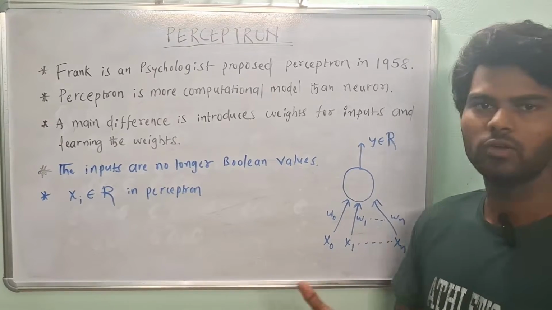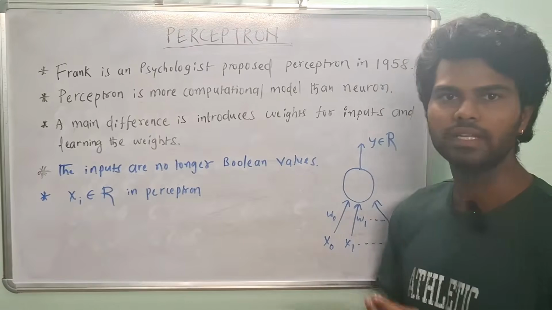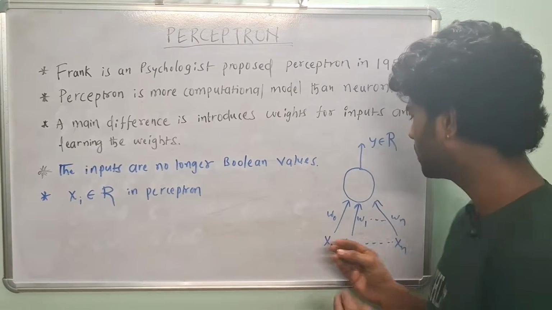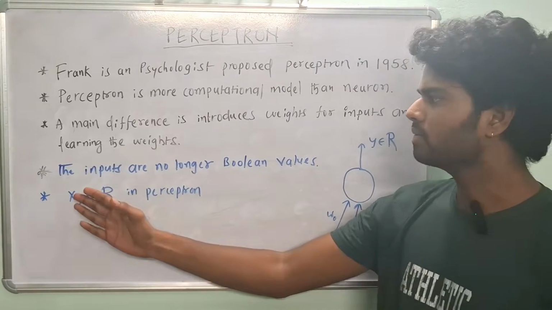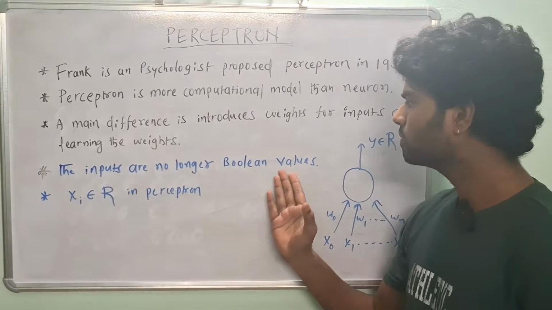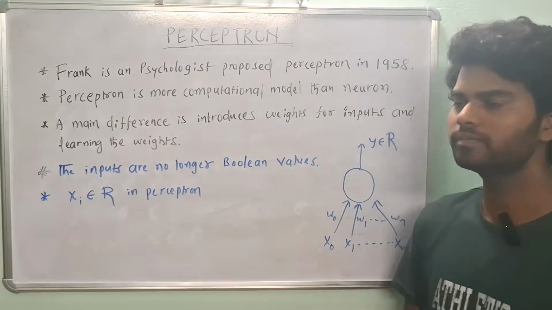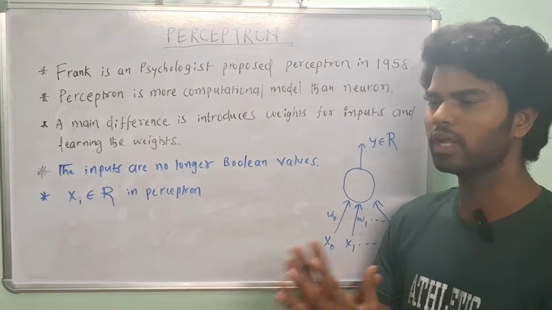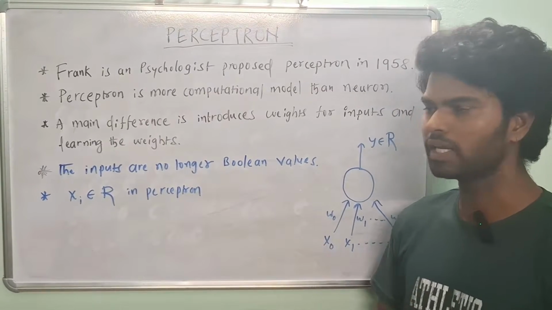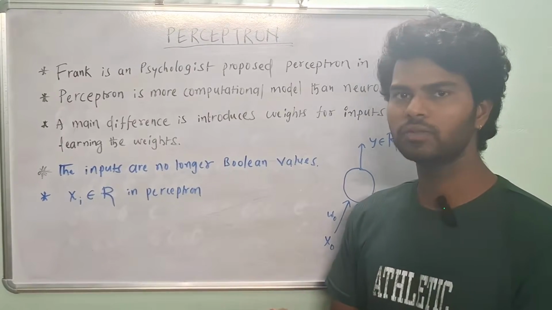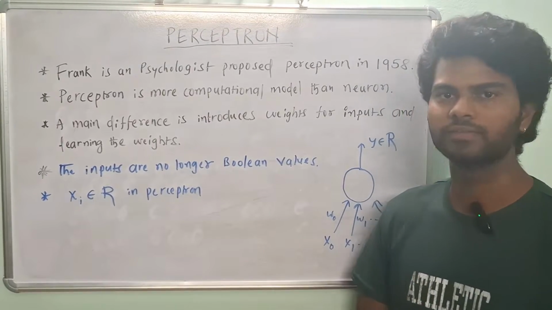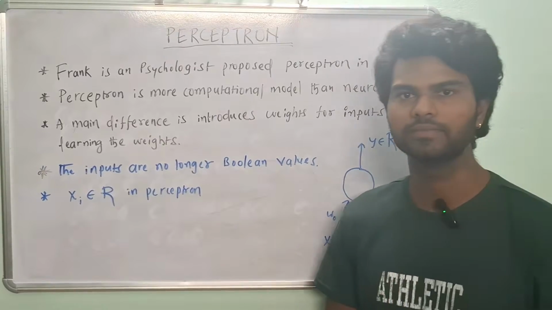In neuron there are no weights, but in perceptron there are weights, and the weights are learned also. Here the inputs are no longer boolean values. In neuron the inputs are strictly boolean values, whether 0 or 1, but here it is not like that. Real values can be used as inputs in perceptron, so that is the advantage of perceptron.